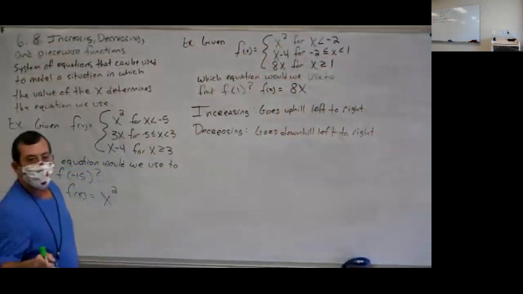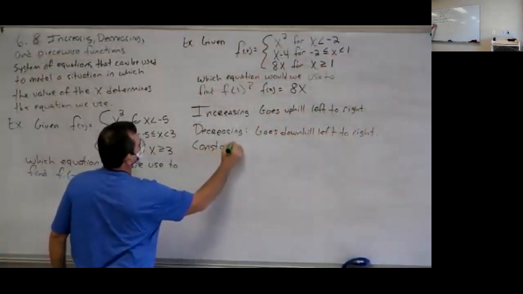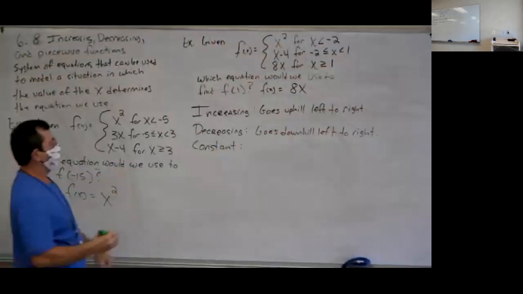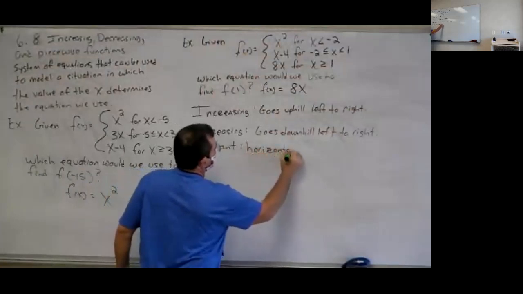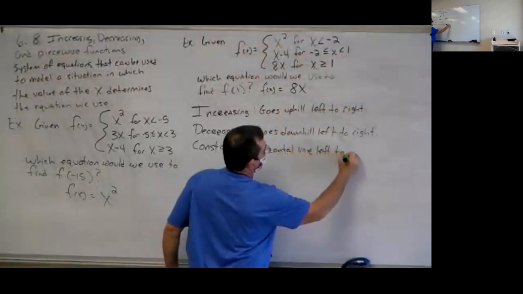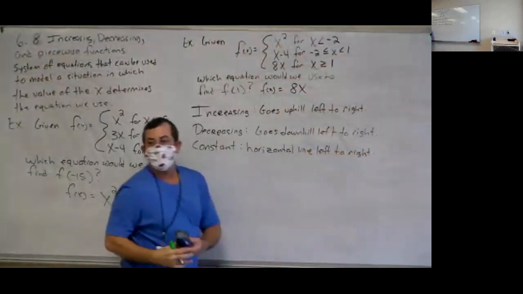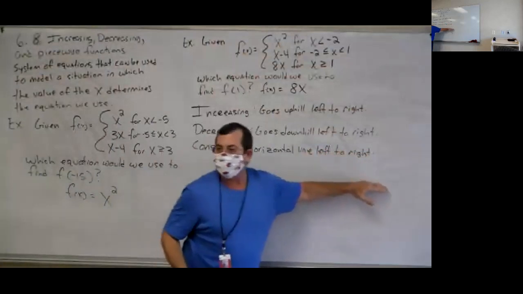And then what about constant? Y'all heard of constant? It sort of means it stays the same. So it's basically going to be a horizontal line left to right, because what that horizontal means is that my y values are not changing, although my x's are, okay?